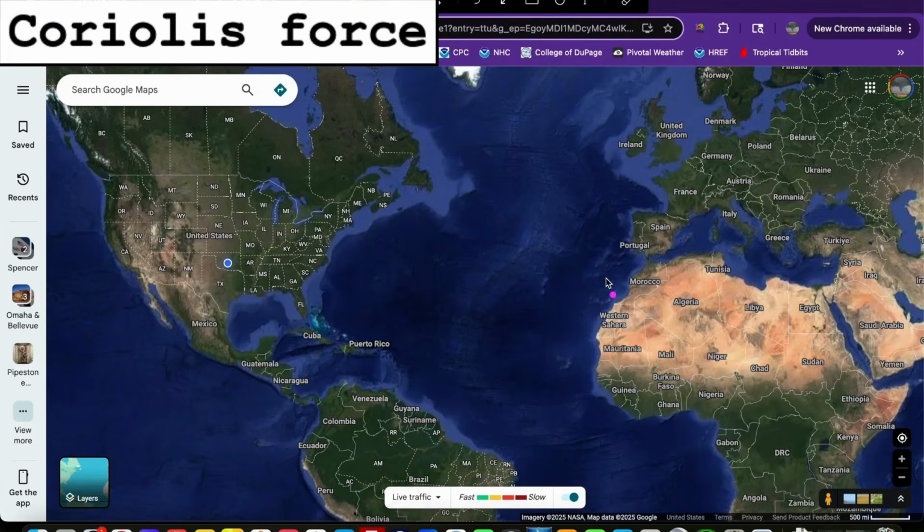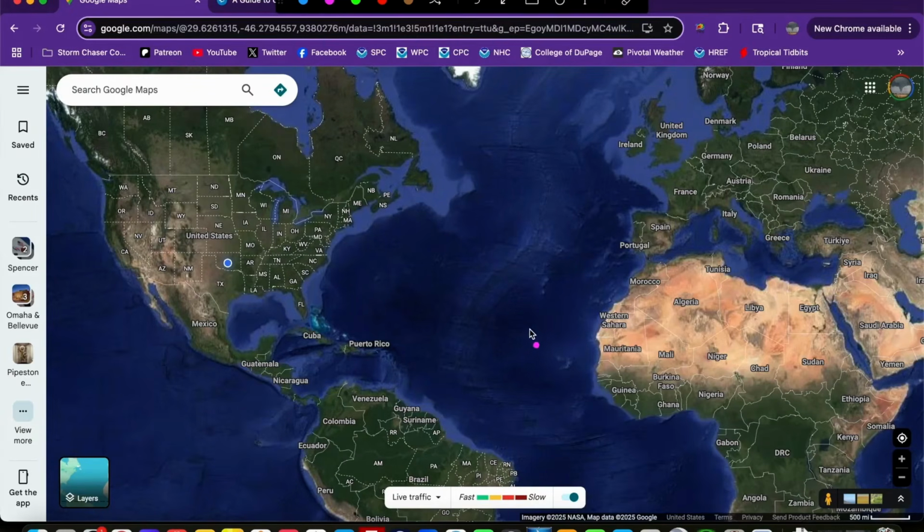The Coriolis force, which is due to the rotation of the Earth, allows the storms to rotate around the center of low pressure in a counterclockwise fashion. And as the pressures continue to deepen, you can get a tropical depression, and eventually a tropical storm, and eventually a hurricane, if the ingredients are there for hurricane maturation.